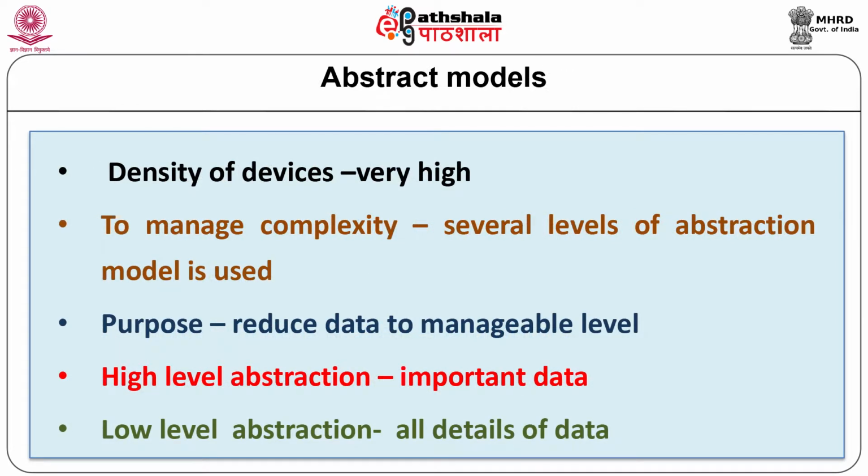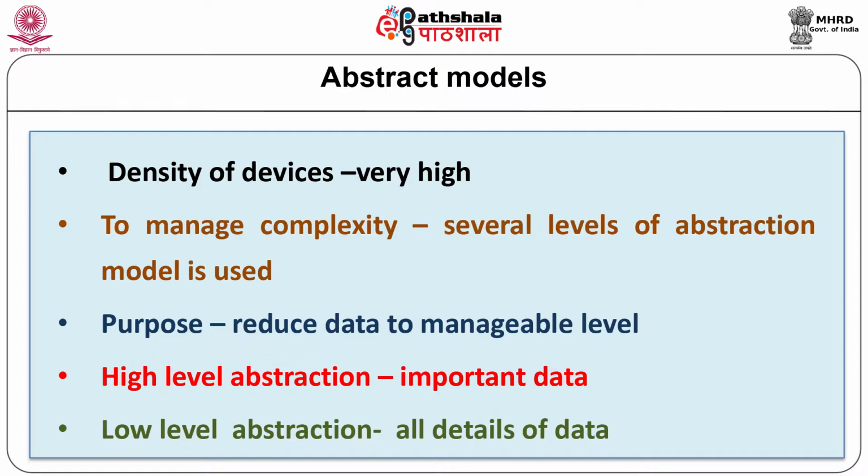As the density of devices in a chip reaches hundreds of millions of transistors, it is impossible for a human being or even a computer to process this huge amount of data directly. In order to manage complexity of this level, it is recommended to describe a system in several levels of abstraction.